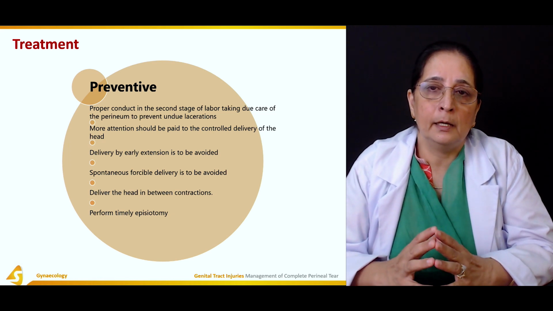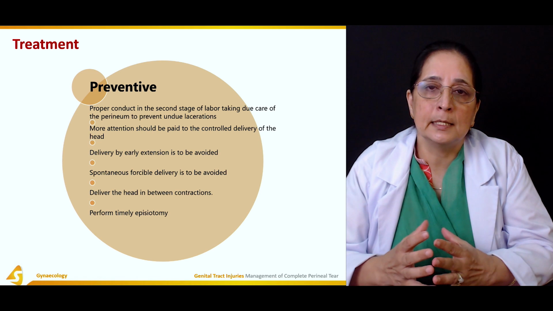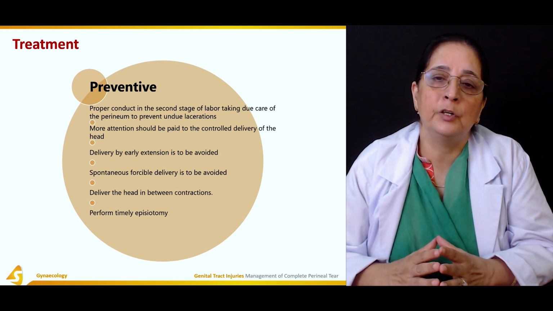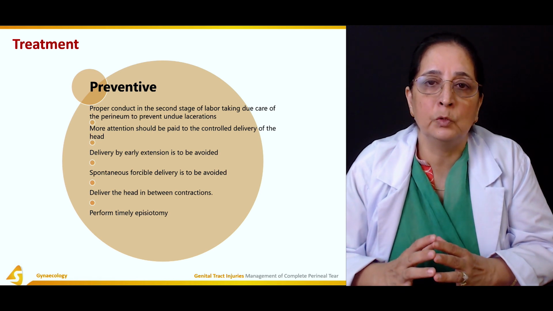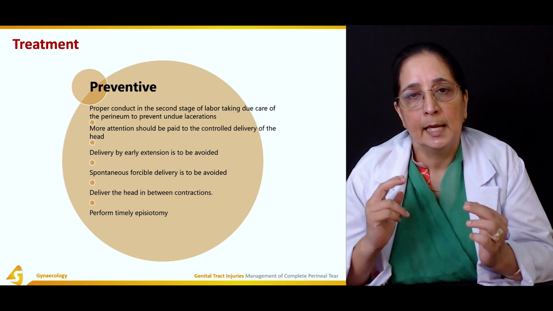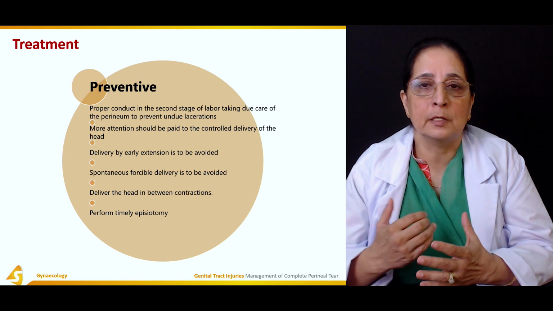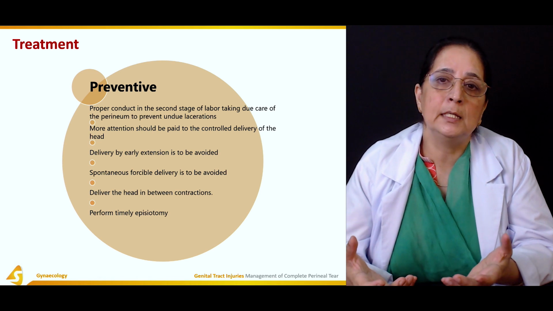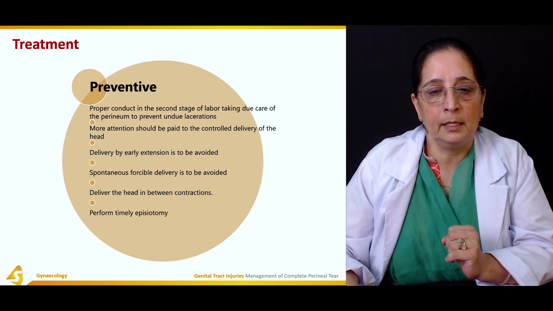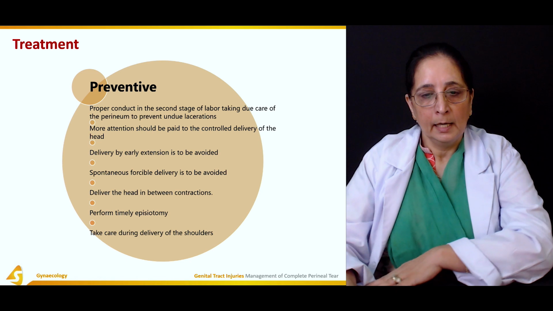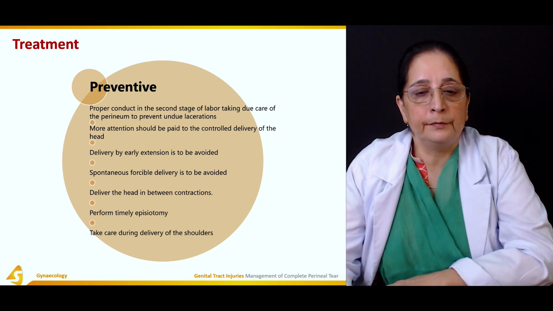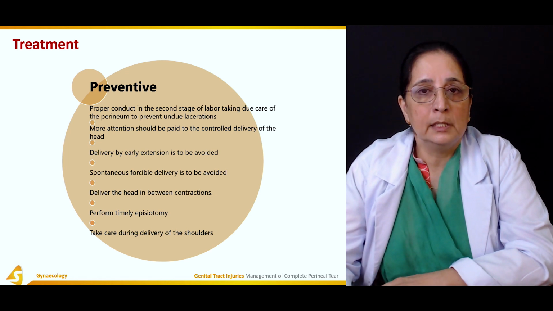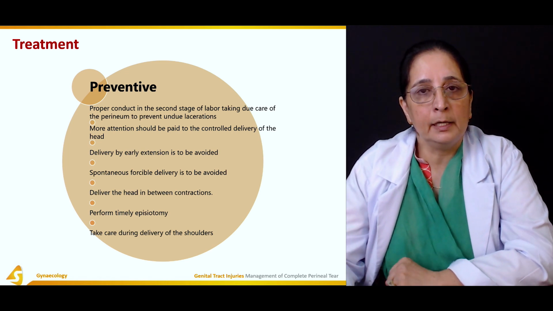So if the area is less or the head is bigger, or there are chances of injury or laceration, it is good to perform episiotomy. Take care during delivery of the shoulders. Again, it's important to deliver the shoulders very carefully.